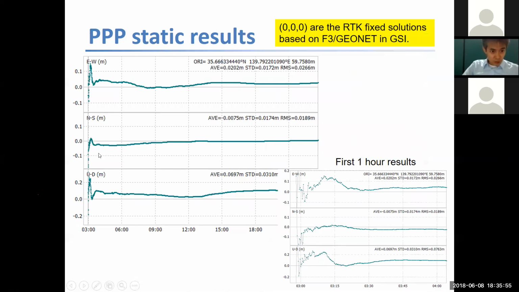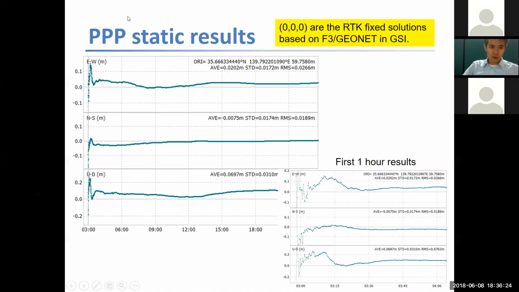So 0, 0, 0. These longitude, latitude, and altitude 0, 0, 0 are the RTK fixed solutions based on F3 solutions in GeoNet, of the Geospatial Information Authority in Japan. So it seems the PPP results converged into these F3 solutions quite well.